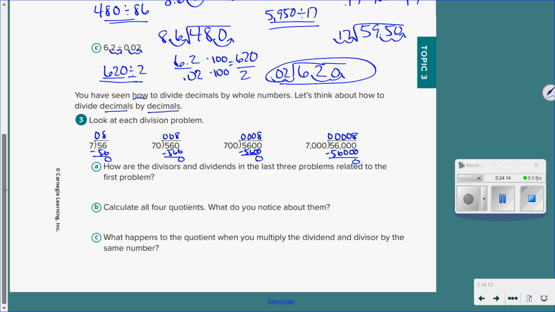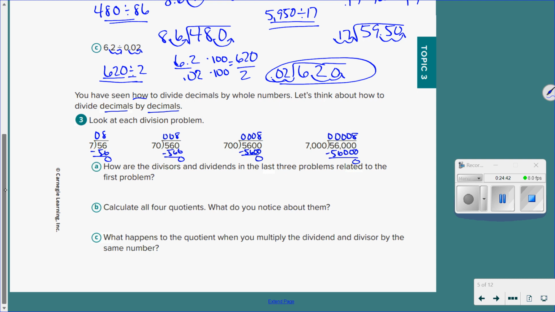Well, the way I see it is if I take away the zeros and then I basically do the first problem, and then once I solve that, I just add all the zeros back and put the quotient where it's supposed to be in the correct area.